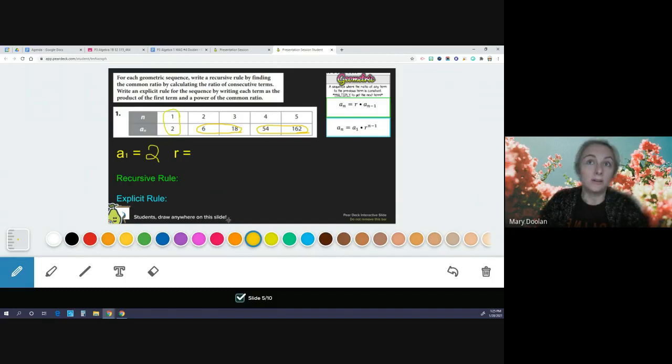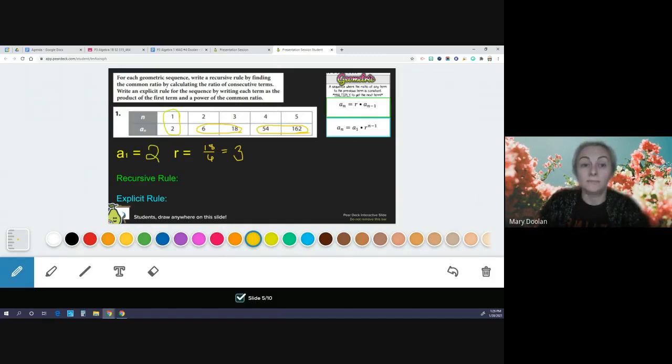That's a little bit easier, right? 18 divided by 6. What's 18 divided by 6? Yeah, 3. Okay, so my common ratio is 3. I could even divide these two numbers, 6 and 2. That'd be the easiest one. Basically the common ratio is 3 because I'm multiplying by 3 to move forward in the sequence each time.